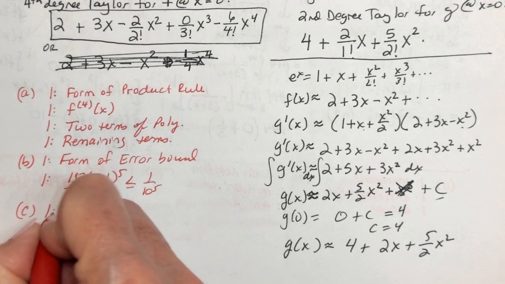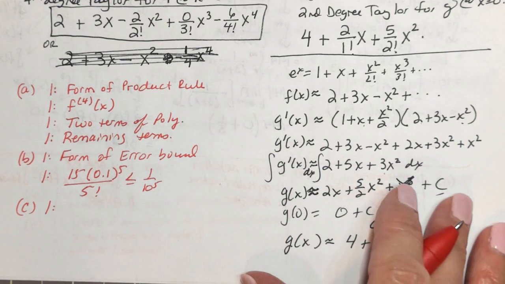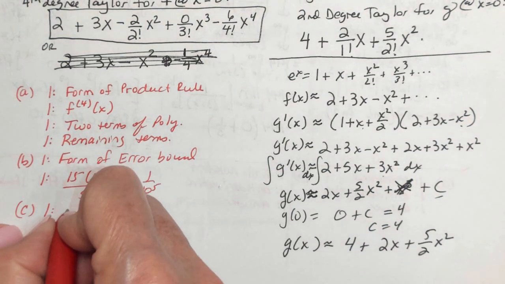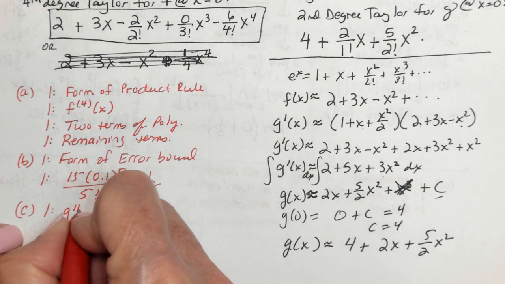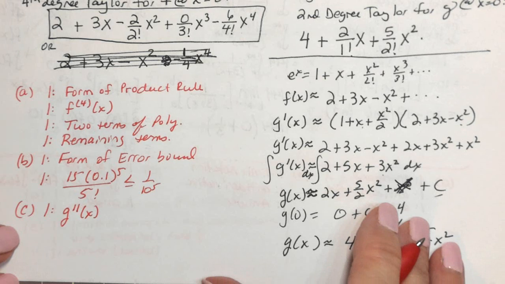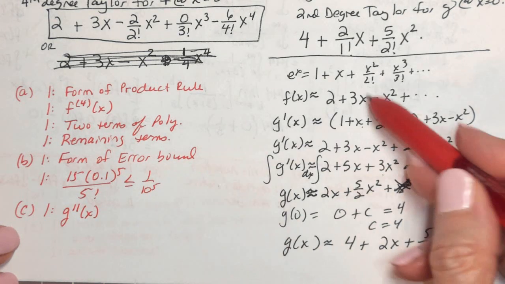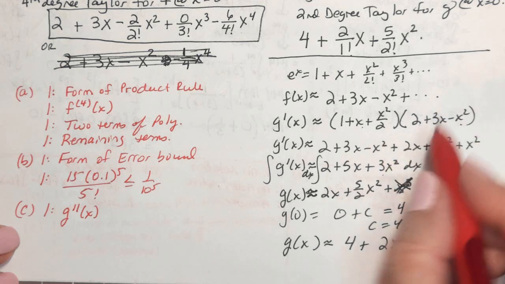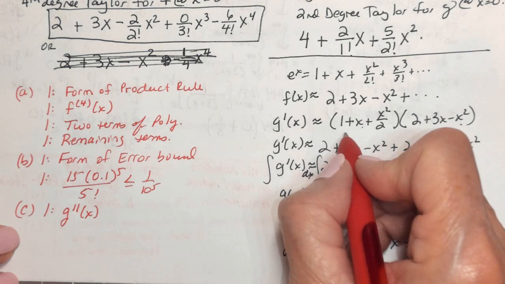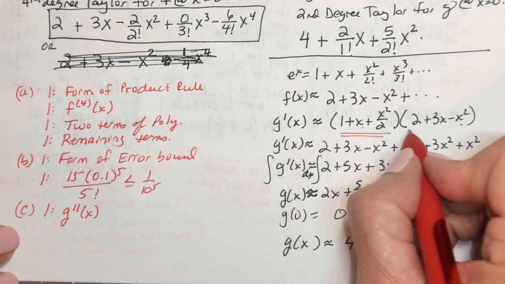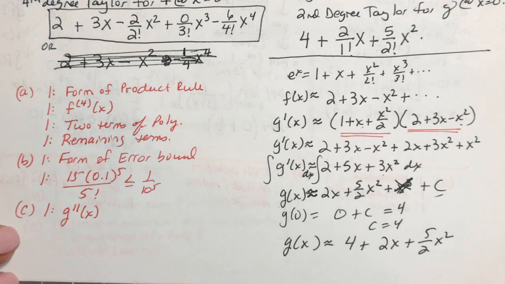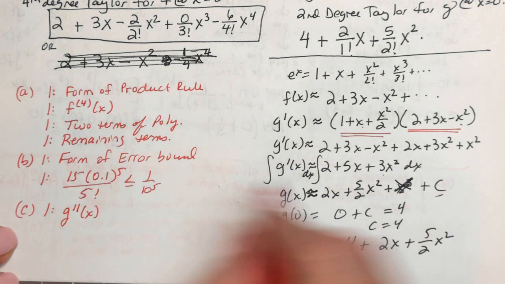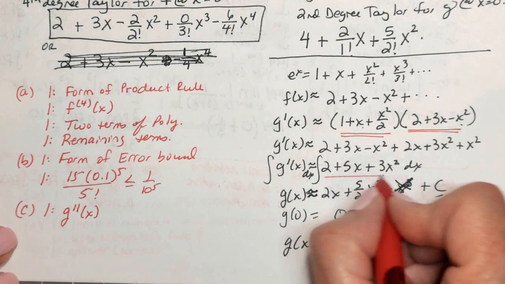Part C, 1 point was given for g double prime of x. Or if you did it this way, they said 1 point was for taking e to the x times f of x, like that, and getting this right here.